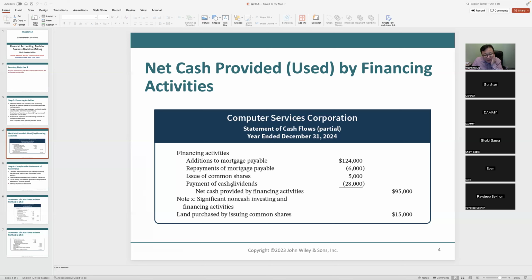Okay, cash dividend, that's going to reduce your retained earnings, right? So that's going to use cash. So that's a negative 28,000. So when you consider the four numbers together, the net cash provided by financing activity is 95,000. So for financing activities, you have cash inflows, right? You have cash coming in.